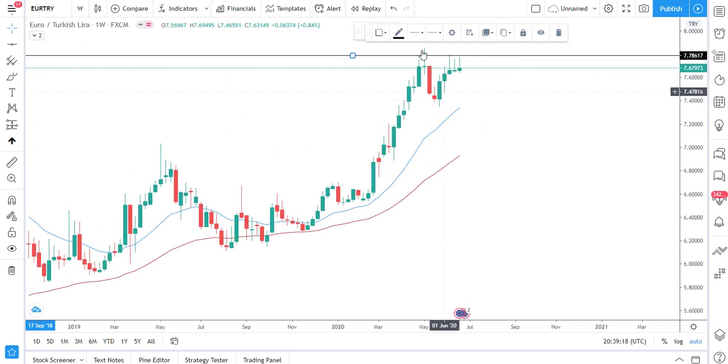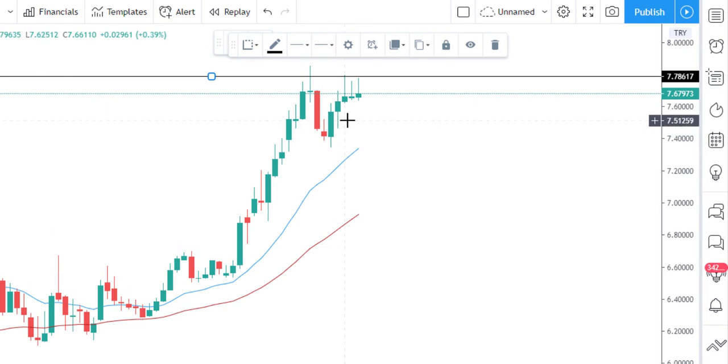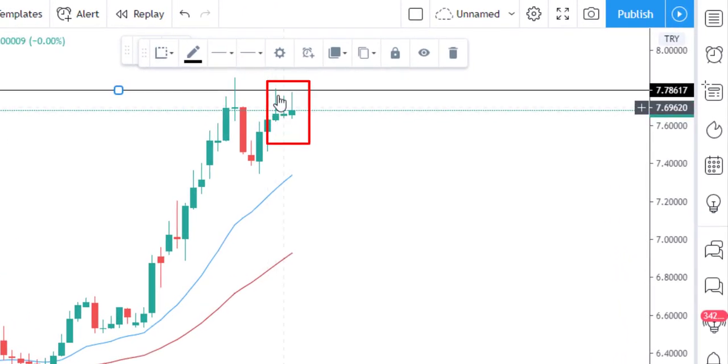And you can see a few weeks ago we got a pin bar at this area, the market came down, sold off just a little bit and came back there again. We tested it again, and right now it is even creating an inside bar.